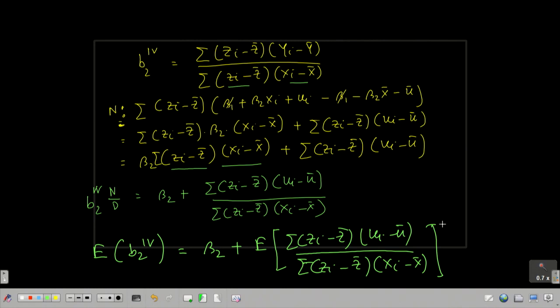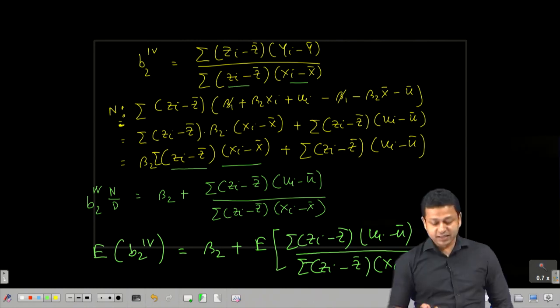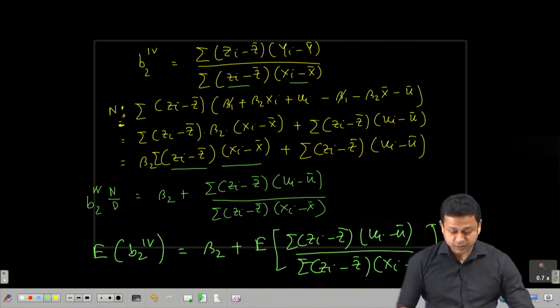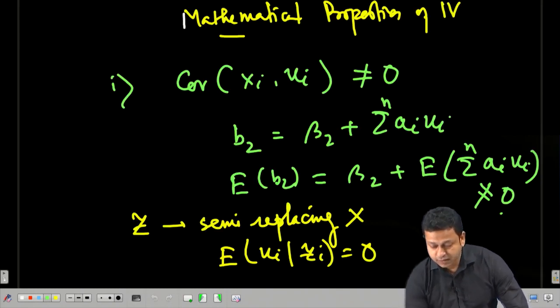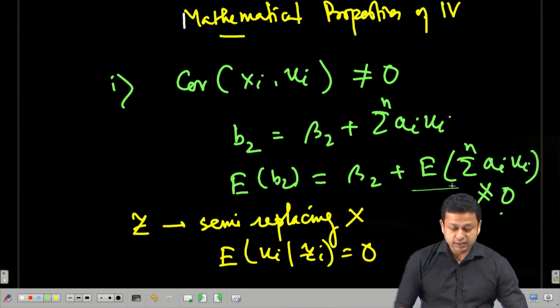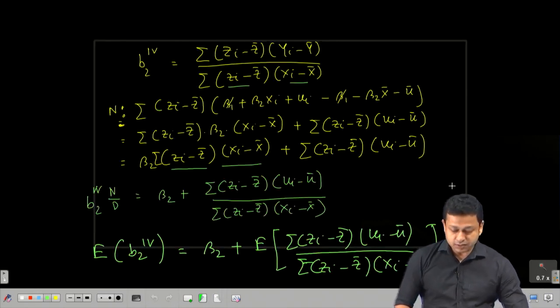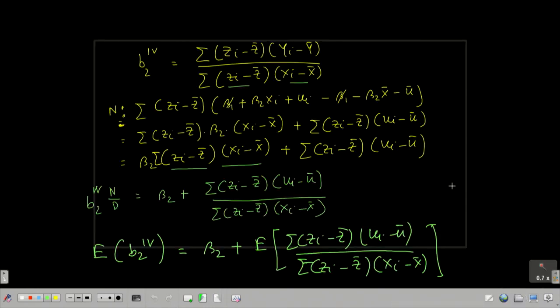Now, remember the previous derivation where I used this notation of ai and ui. So, here also we can express z I and ui in terms of ai and ui, and we can very clearly see if z I and ui are not independent, this term is not going to be equal to 0.